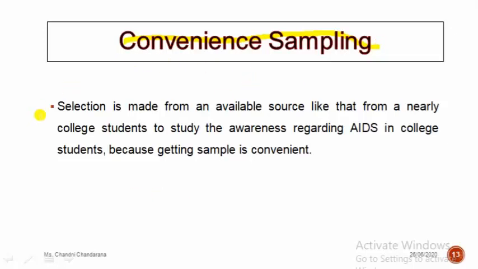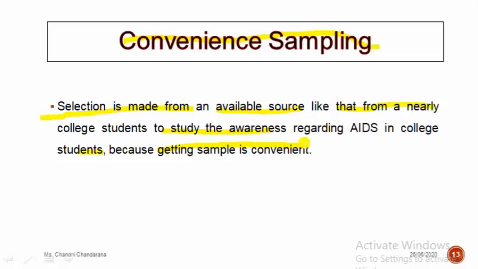So here the selection is made from an available source, for example from nearby college students, to study the awareness regarding AIDS in college students, because getting the sample is convenient.